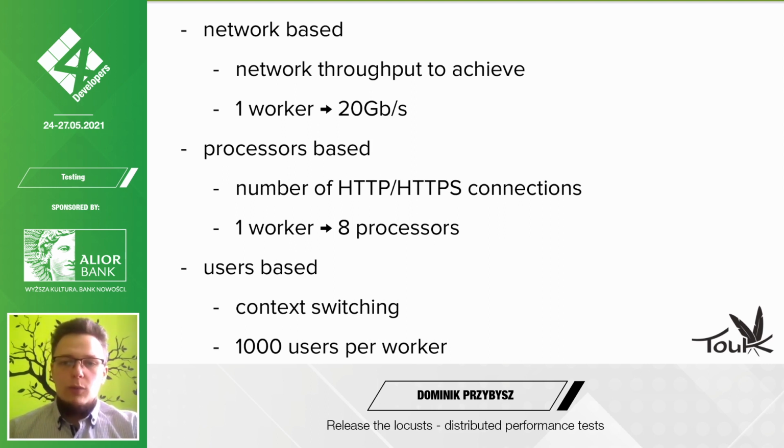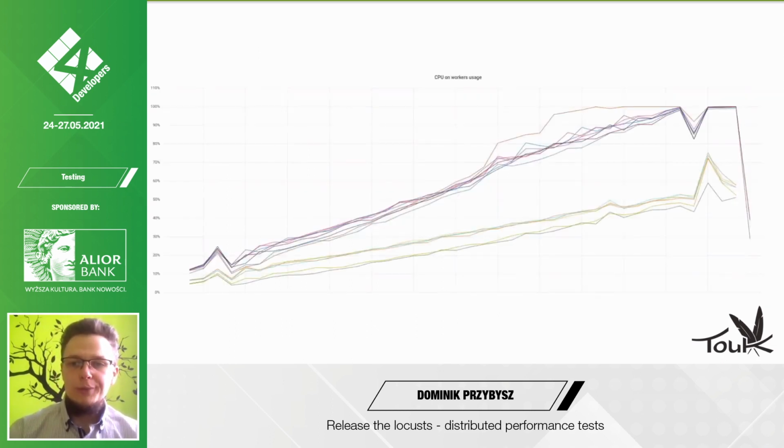We also wanted to distribute the users amongst all the workers, so as not to have a lot of them on one JVM. So we have to look, for example, how many users we are able to run on one instance of worker.